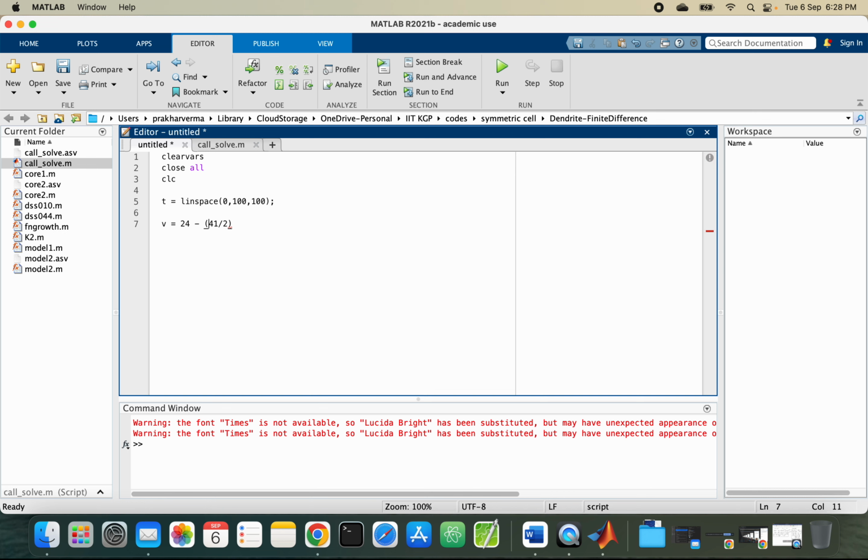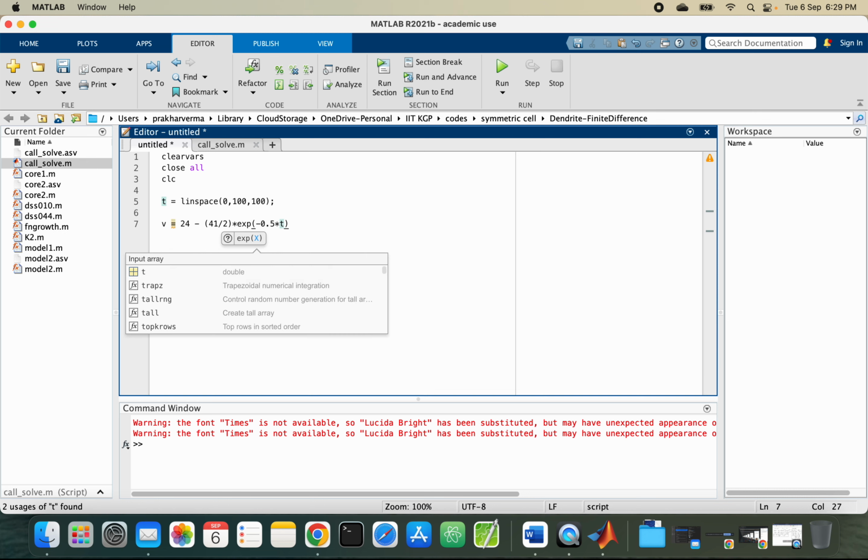So 41 divided by 2 and then multiplied by exponential exp, and the function was minus 0.5 times time, so multiplied by time t.